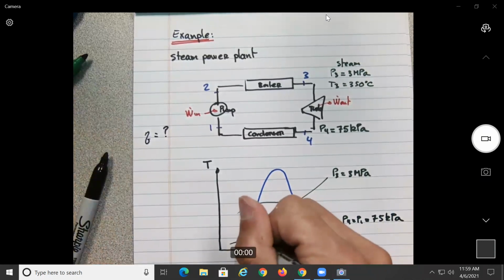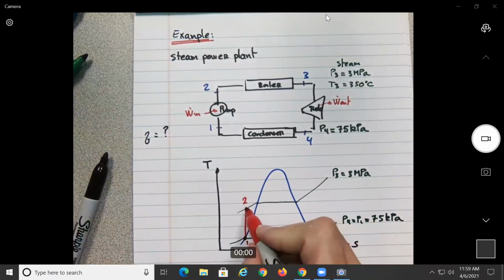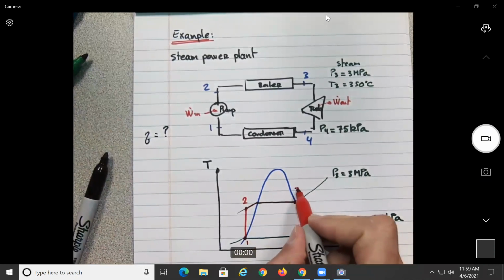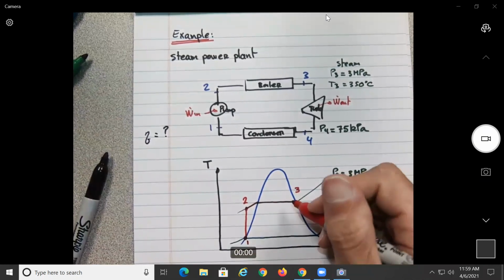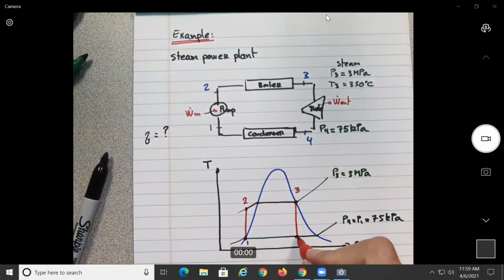So as before, we go from here to here, then we go through this line. This should be 3 in the ideal case. This should be 4. We go back over here. Here we know S1 equals S2, and here S3 equals S4.